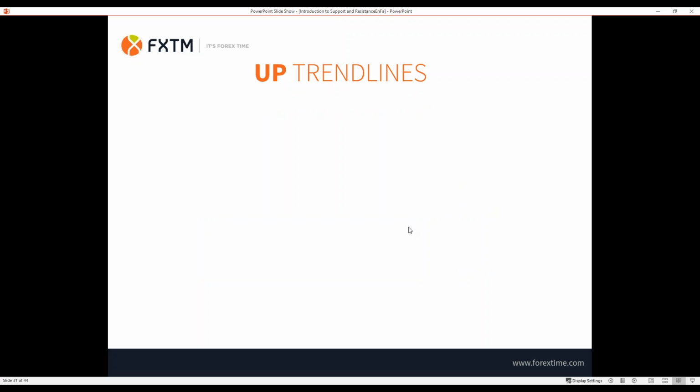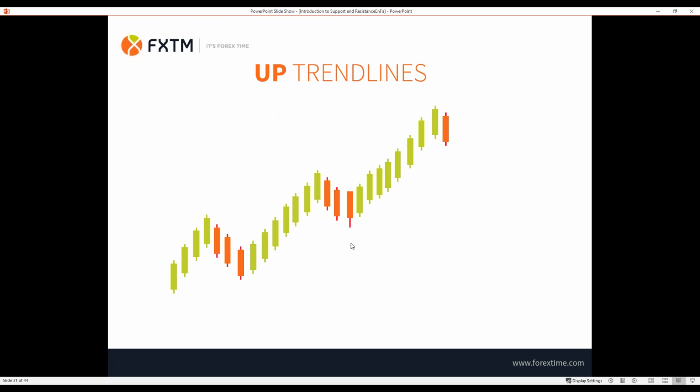Uptrend lines. This is very interesting. Prices are going higher and higher. And I know that a lot of traders like to draw lines on their price chart. Since we have an uptrend, the only line that you can draw is the uptrend line.